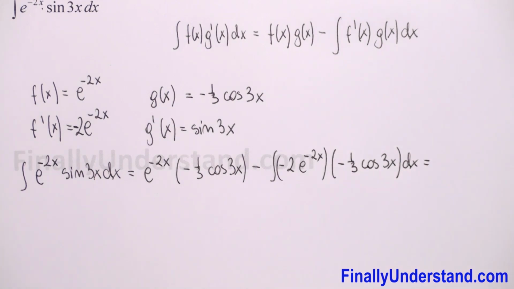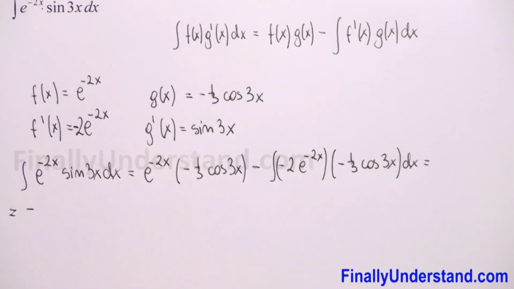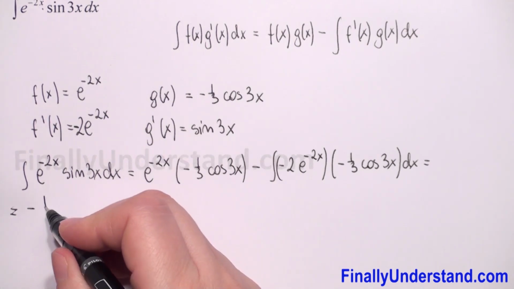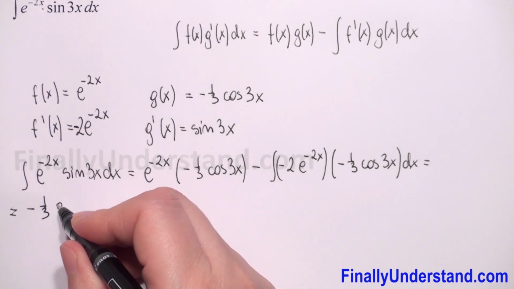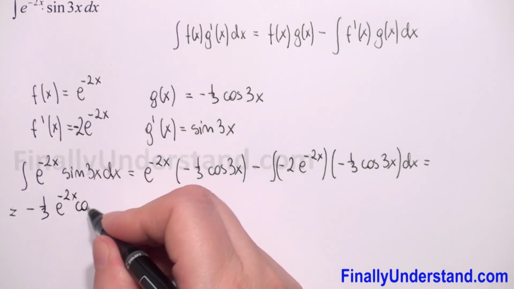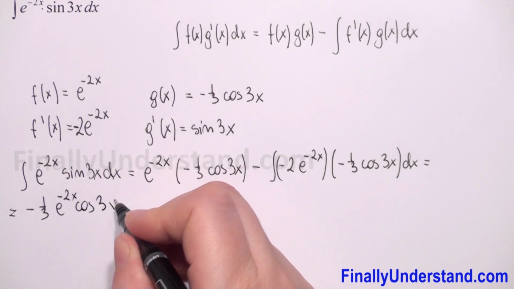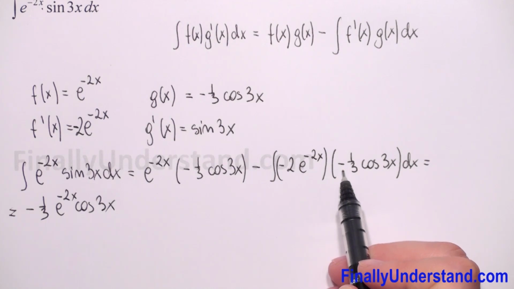So this is equal. We have positive times negative will be negative. First I will put the constant 1/3 times e to power negative 2x times cosine of 3x. Next we have the integral, negative times negative gives me positive.